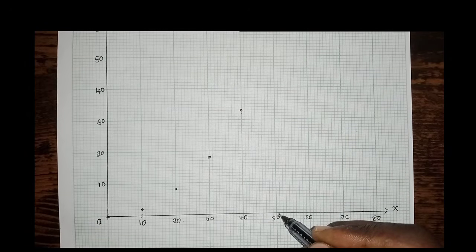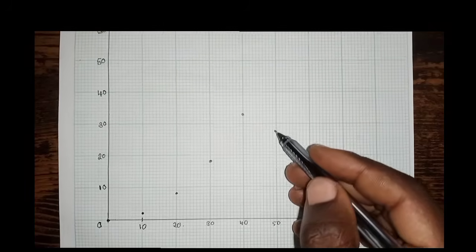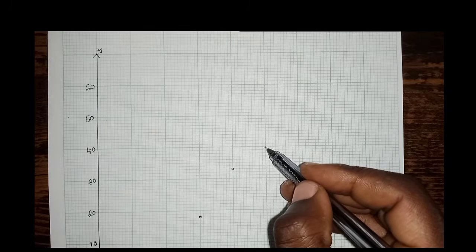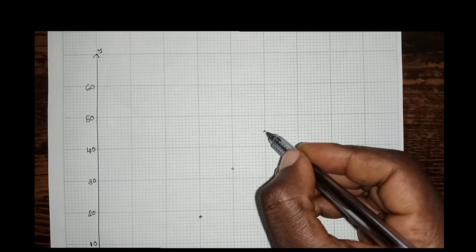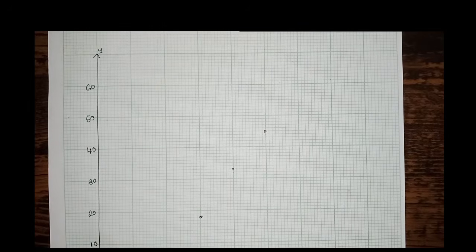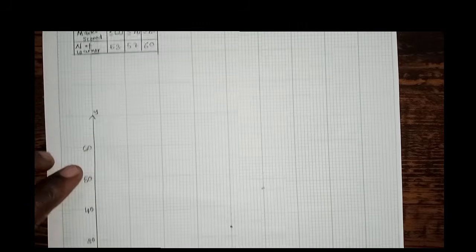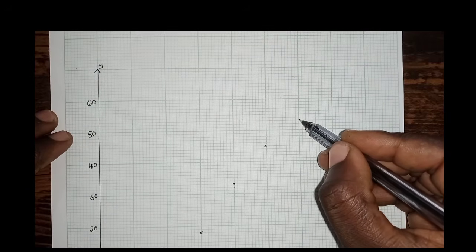Then 50, 45. 40 is right here, 50 is here, so 1, 2, 3, 4, 5, 45 is here. The next is 60, 53. So 50 is right here, and 3 is 1, 2, 3 right here.